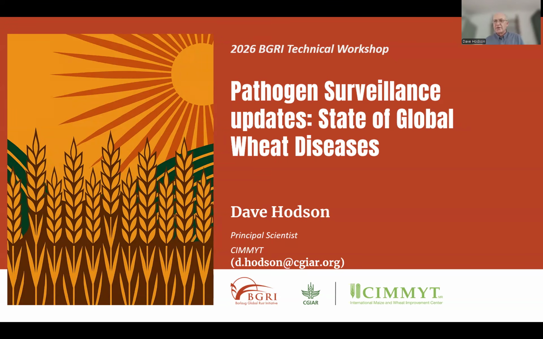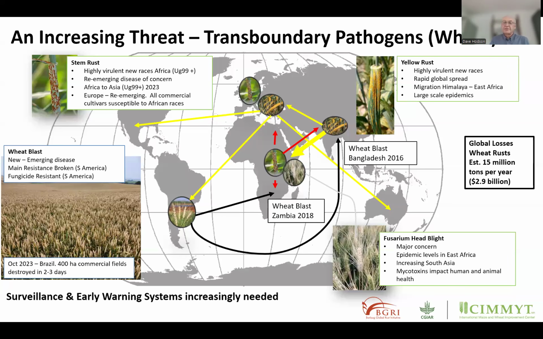Hello, everybody. So, this talk, I'll give you an update around pathogen surveillance and the current status of wheat diseases globally. We're seeing an increasing threat from transboundary pathogens to wheat crops.